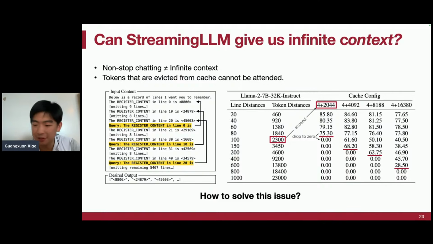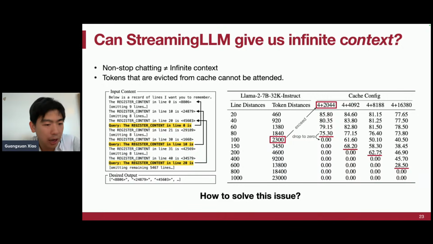So I'm almost done. The final thing here is the limitation part. Like we are discussing, some people may think that StreamingLLM gives you infinite context to chat, but that's not the case. So we benchmark the model's ability on synthetic tasks shown on the left.